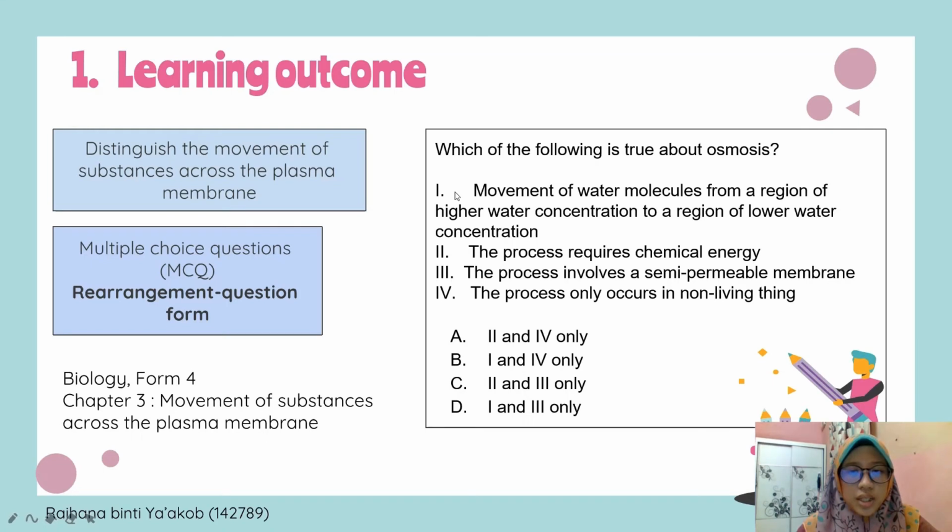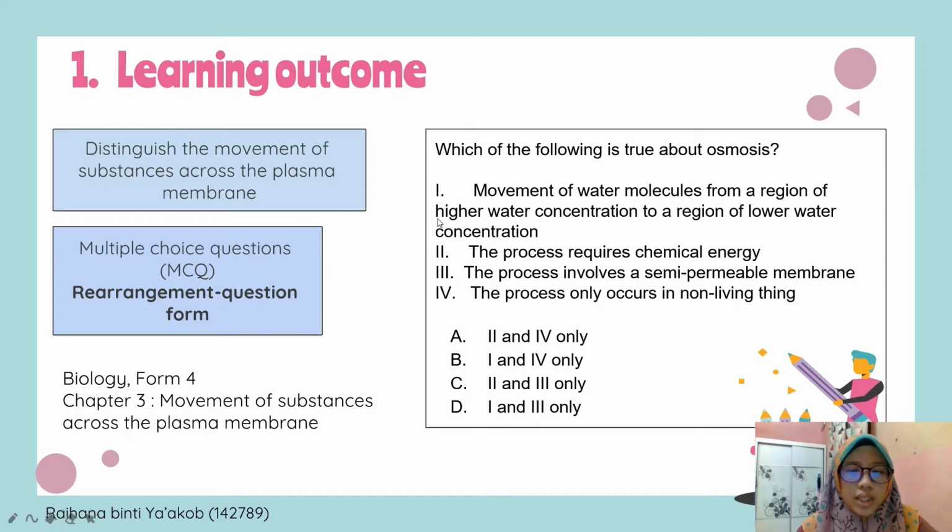The first statement is movement of water molecules from a region of higher water concentration to a region of lower water concentration. Second, the process requires chemical energy. Next, the process involves a semi-permeable membrane. And the last one is the process only occurs in non-living things.